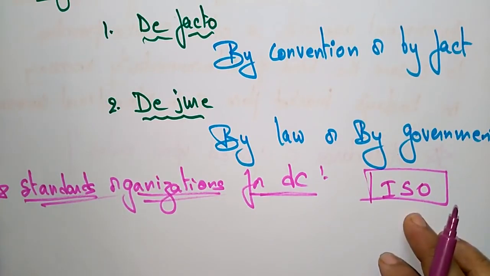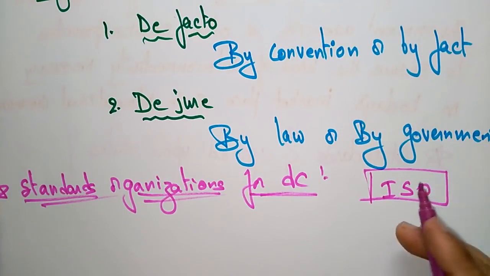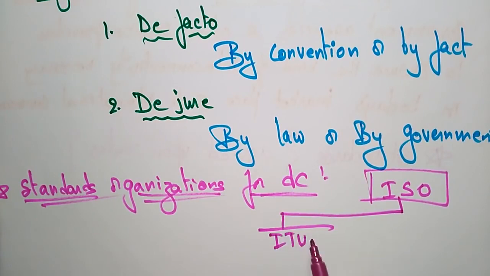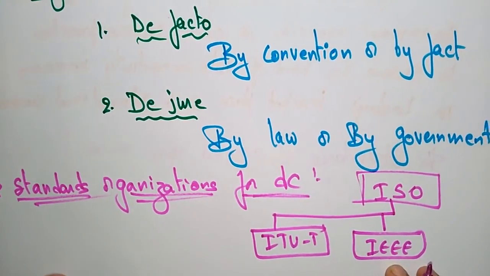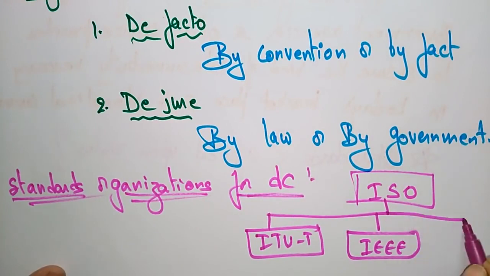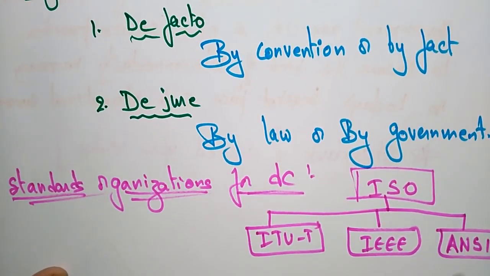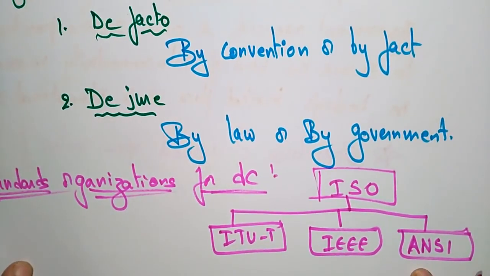This has the International Telecommunication Union, ITU, and it follows IEEE standards, the Institute of Electrical and Electronics Engineers. ISO standards also include the ANSI standards organization, the American National Standards Institute.